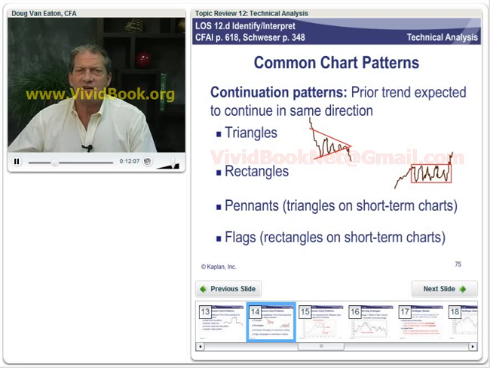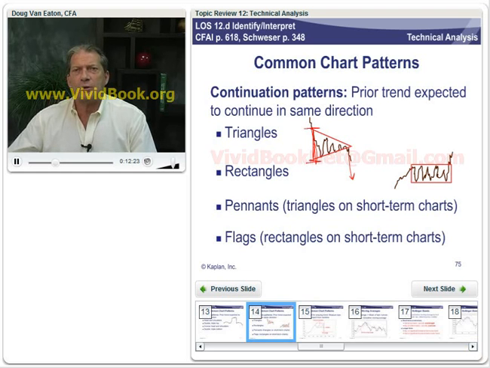And that continuation, if we had to guess the magnitude of it, we'd guess the size of this triangle when we enter the triangle as the size of this continuation in the downtrend.